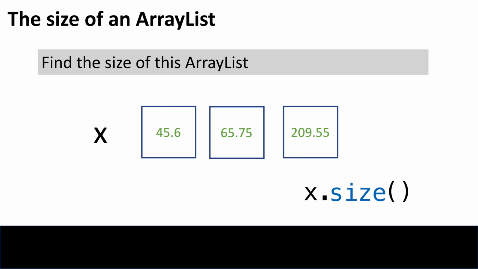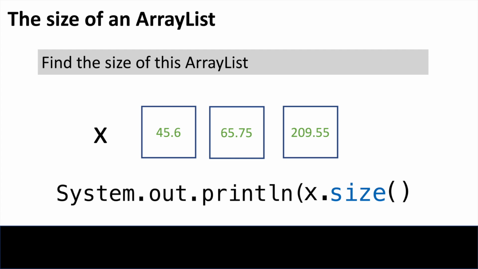This x.size will get you how many elements you have. And here we have 3 elements, don't we? So we add System.out.println, and we will get 3. So size with open and close brackets is a method that gets you the length, or the size, of your array list.